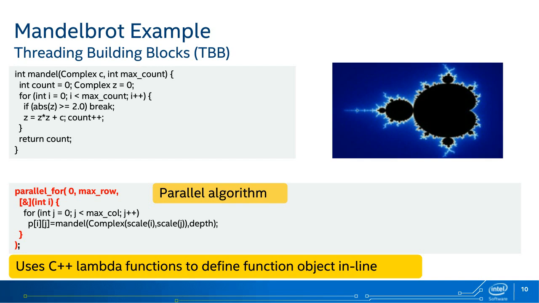So here we're using a lambda expression to capture the work we want to be applied at each value within that range 0 to max row. So within each value within that range, we're going to execute the inner loop, j equals 0 to max column, and we're going to call the Mandel function. So what happens underneath this is the TBB library will divide up this range, 0 to max row, into appropriately sized chunks, and then schedule these chunks of work and this lambda expression to be executed in parallel on one of your cores.